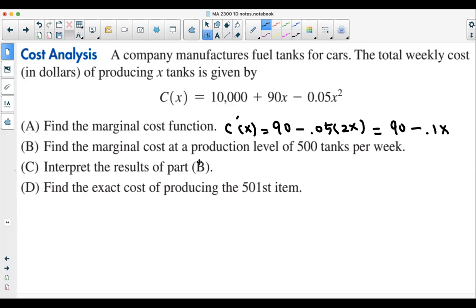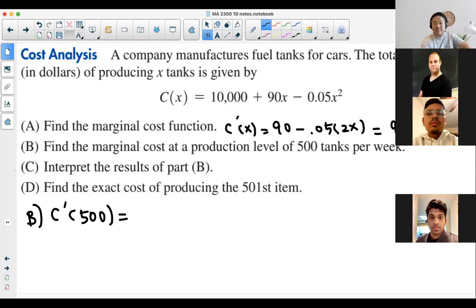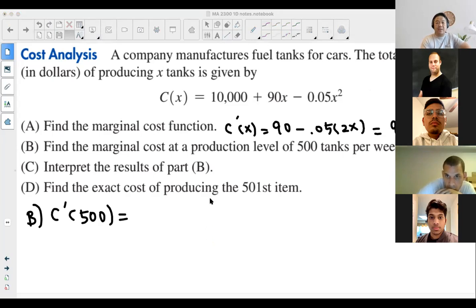So find the marginal cost at the production level of 500 tanks per week. So then that means part B is simply telling you C prime of 500. So C prime of 500 in this case would have been, sorry, 1 second.